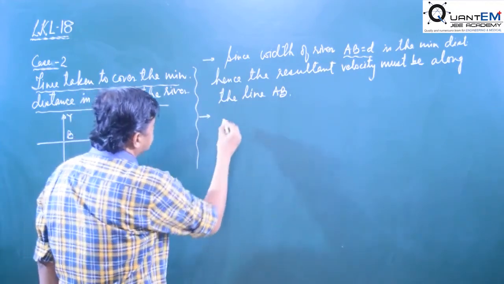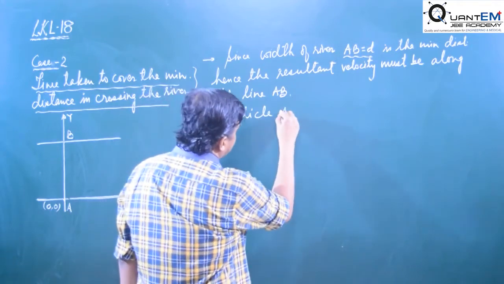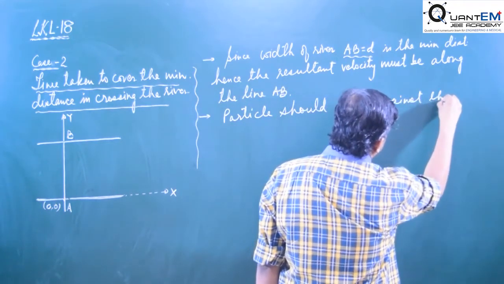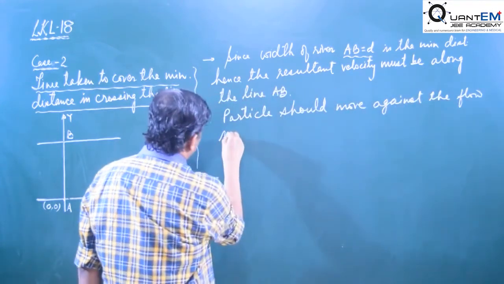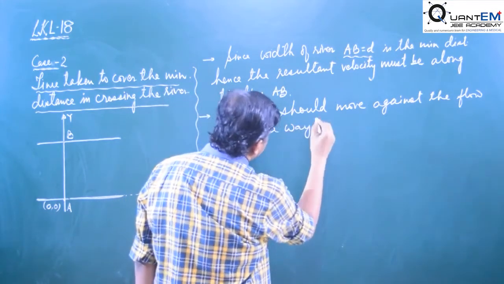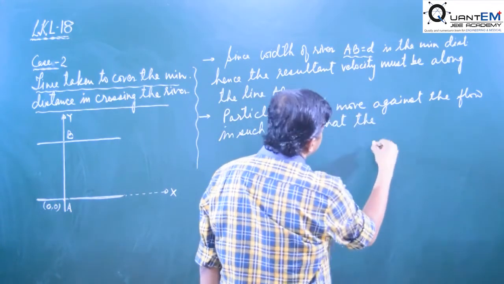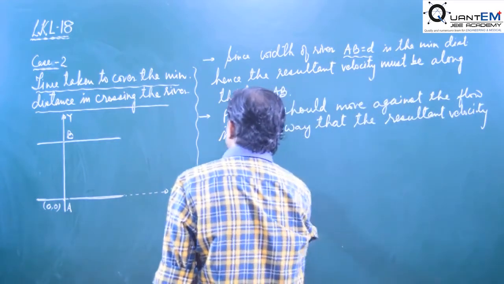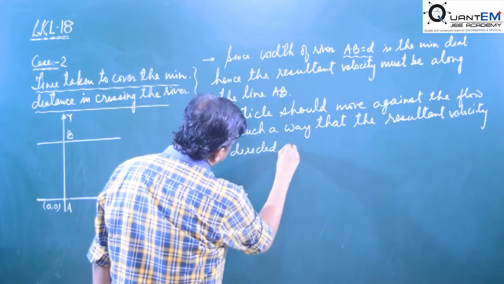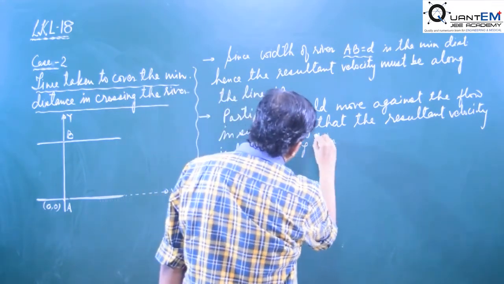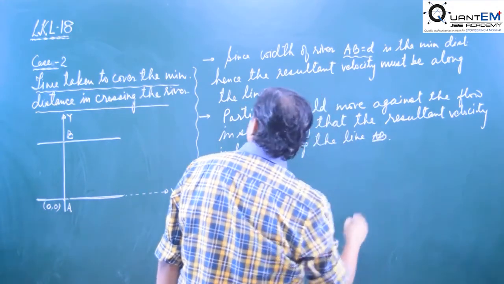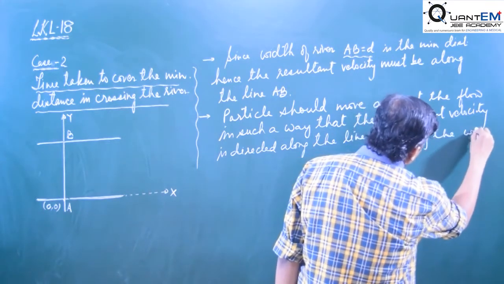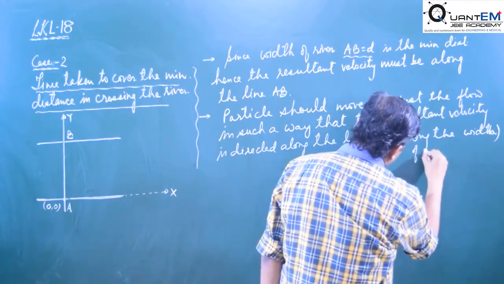So next point, the particle should move against the flow in such a way that the resultant velocity is directed along the line AB, or along the width of the river.